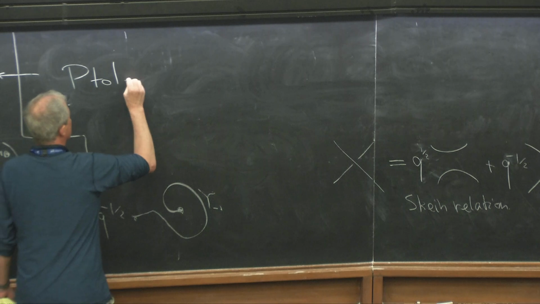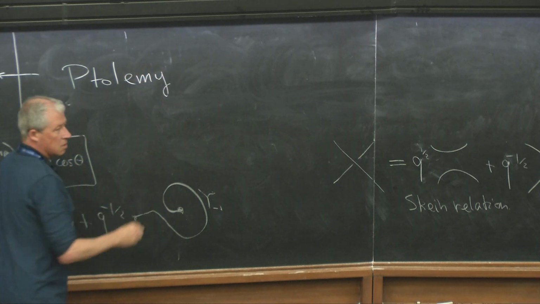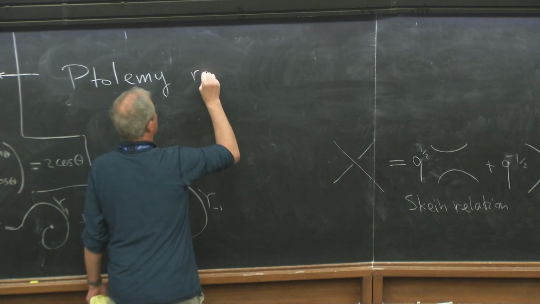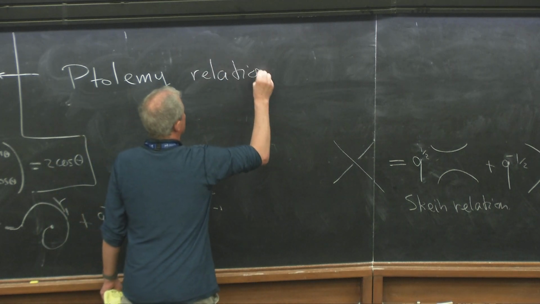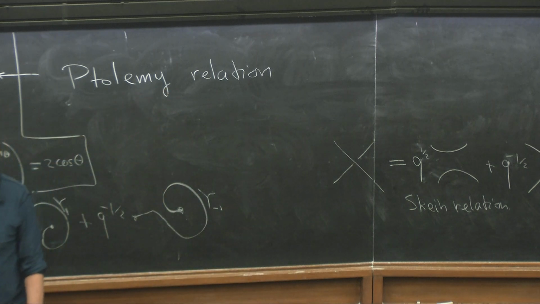I have 2 more minutes, okay. There's a relation that's called the Ptolemy relation. Ptolemy lived more than 2,000 years ago, and Ptolemy made a generalization of the Pythagoras theorem.